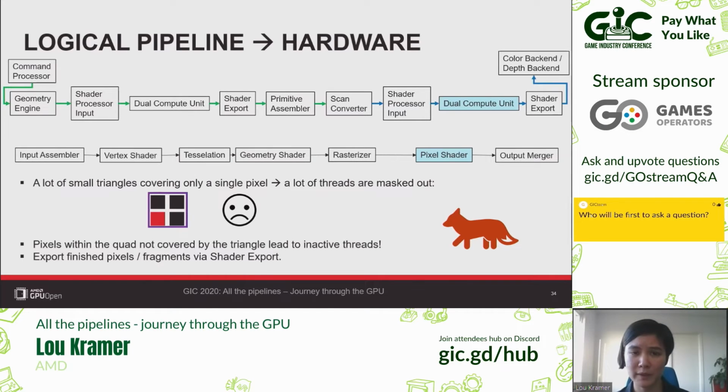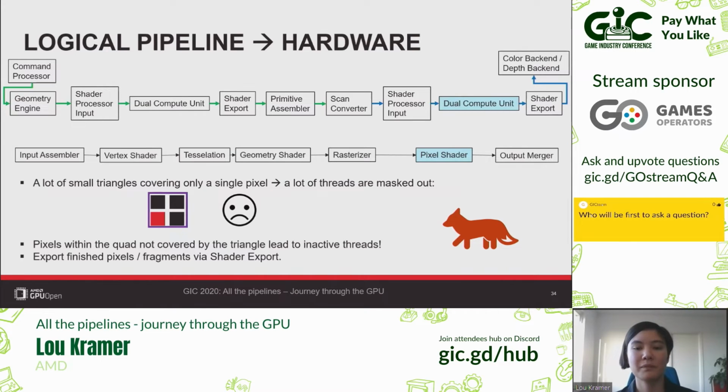Because if you have really small triangles that are only covering single pixels, then you will end up with quads where 3 of the pixels are actually masked out. So even though we need these quads for the derivative information, the threads associated with the pixels that are not overlapped by the triangles will be deactivated.